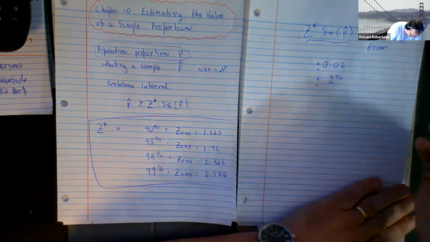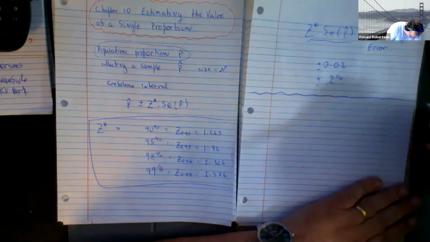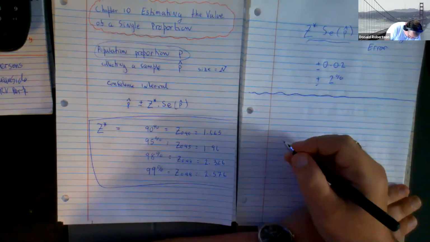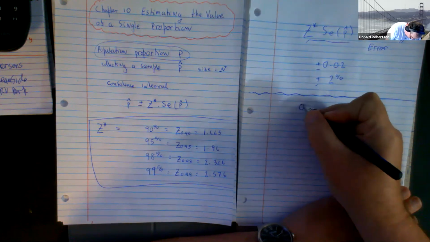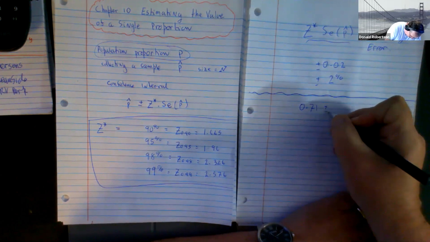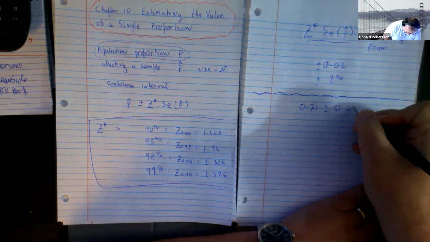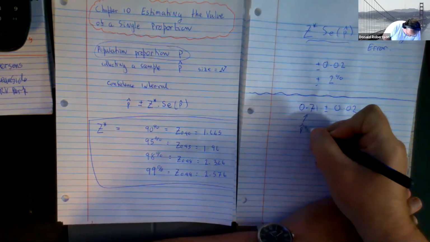So you might get a question where they've done all the work for you. They haven't even bothered to show you where it came from, but they might have said, we're estimating this value. And the answer that we got was 0.71 and a margin of error of 2%. Now that guy there would be the sample.